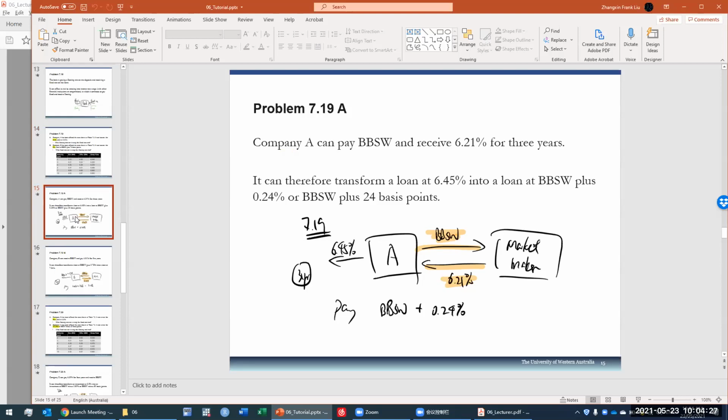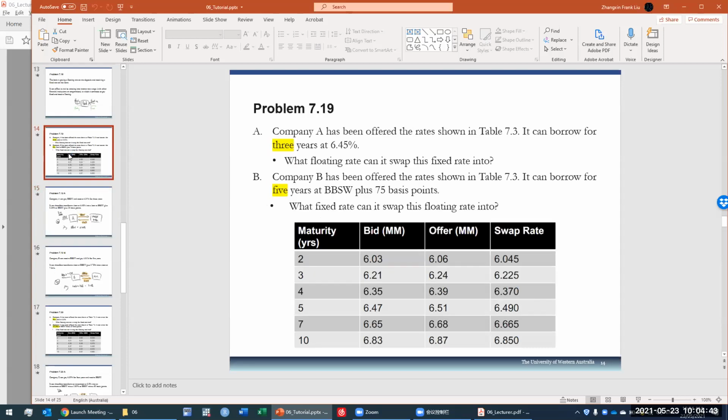And that means I'm paying out the bank bill swap rate to the market maker, and the market maker will come back to say, well, you pay me this, I pay you this instead, right? So in this case, the market maker is paying them. And if you think about it intuitively, would the market maker want to pay them more or pay them less? The market maker is the seller.